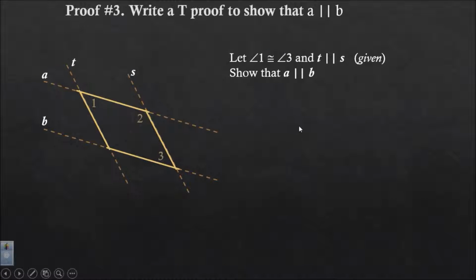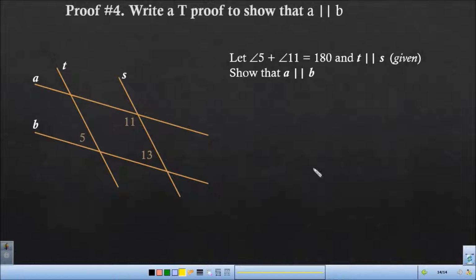Last proof. All right. Now we want to show again that A is parallel to B. So this is what we want, A and B to be parallel. So the angles associated with that are 11 and 13.